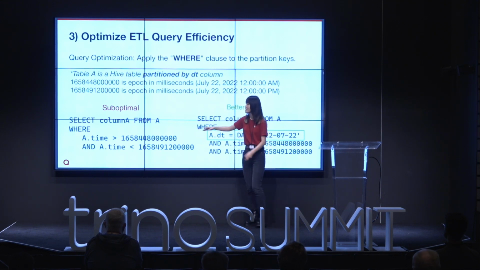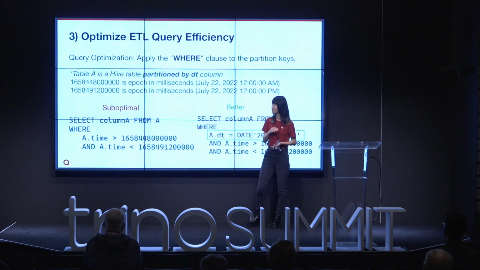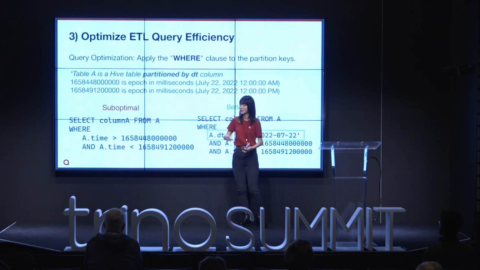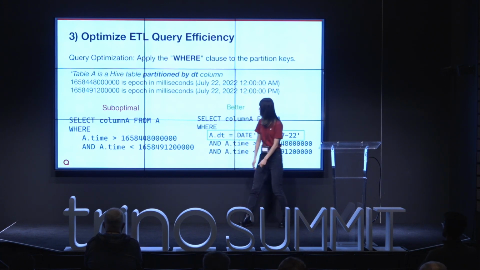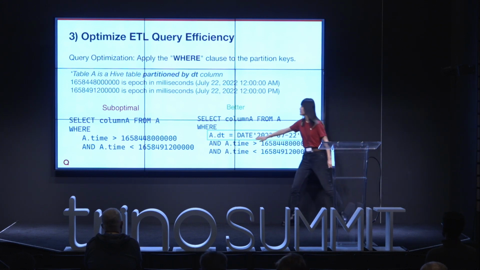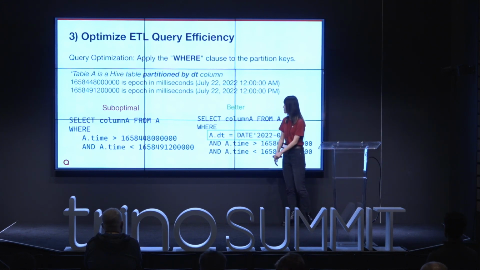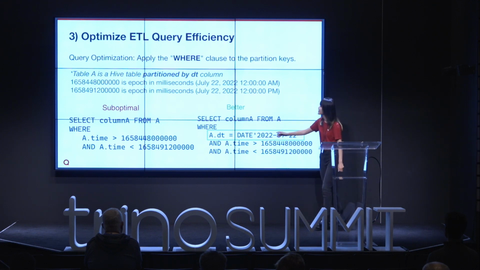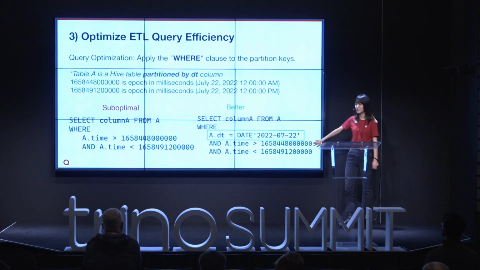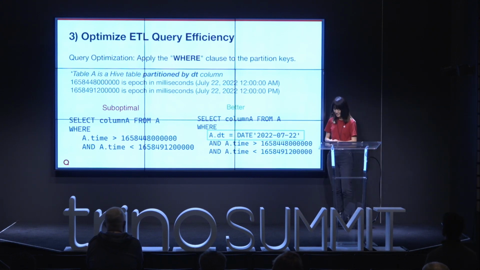However, in this case, because we don't have a where condition on the partition key, Trino wouldn't know that only one day of data is required, so it will perform a full table scan. And this is the better version. We have the conditions on the partition key. Oh, I forgot to introduce: table A is a Hive table partitioned by the DT column. So in this case, Trino would only scan a single day.